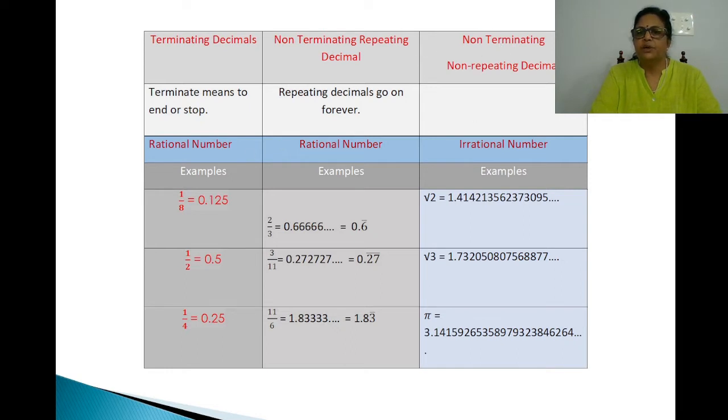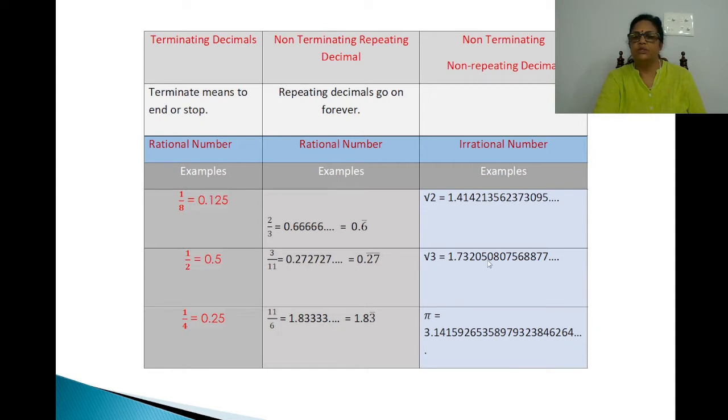The other one, non-terminating non-repeating decimal, is an irrational number. Here root 2 is 1.414213562373... There is no end and no digit is repeating, so non-terminating, non-repeating decimal.